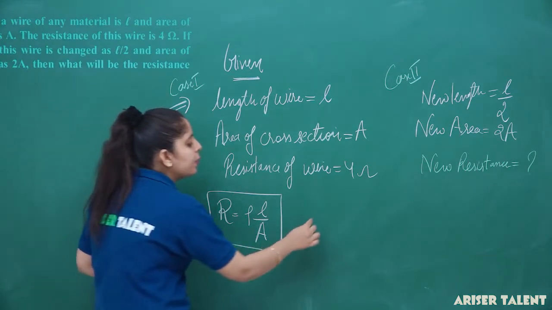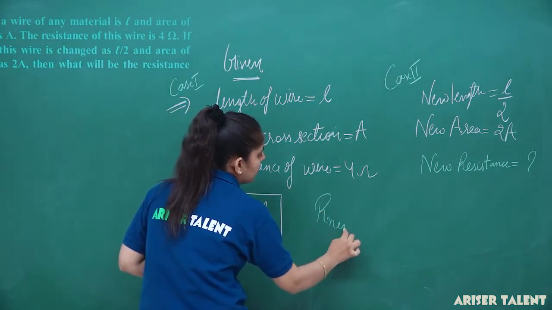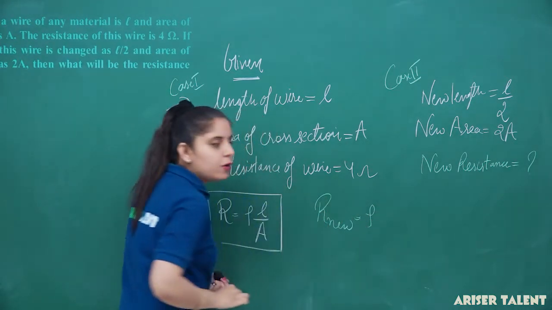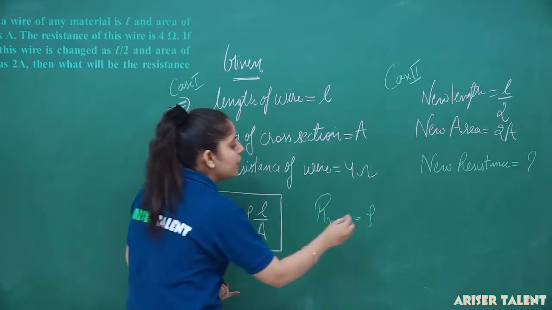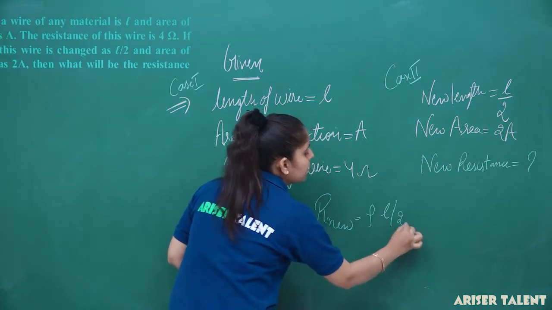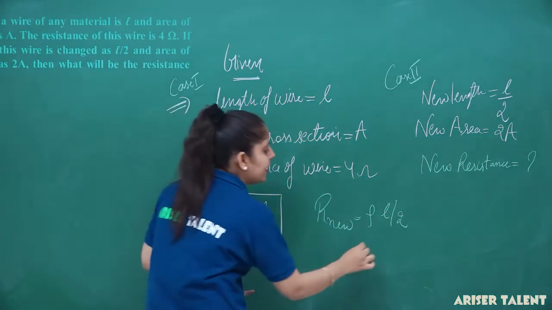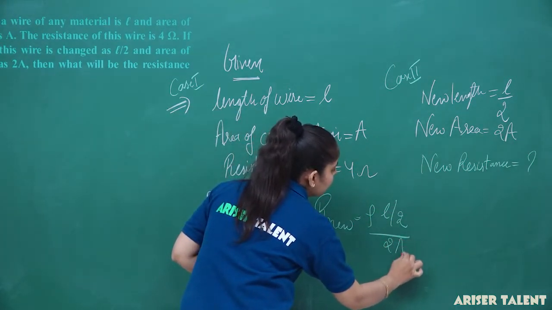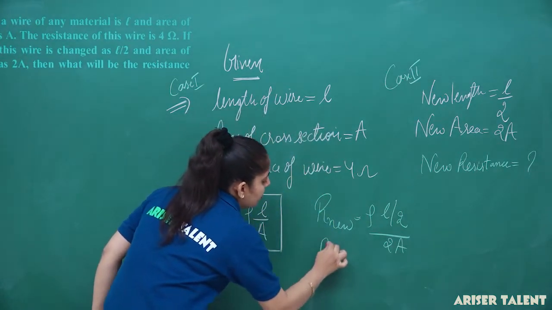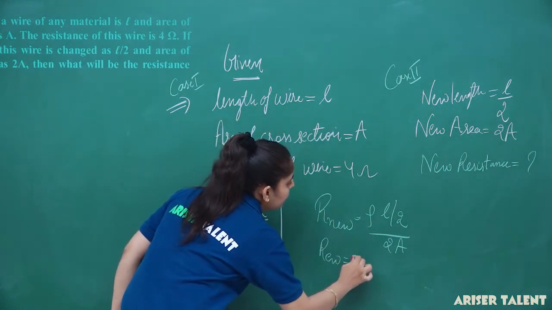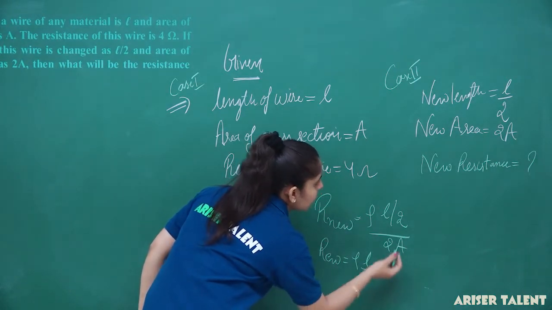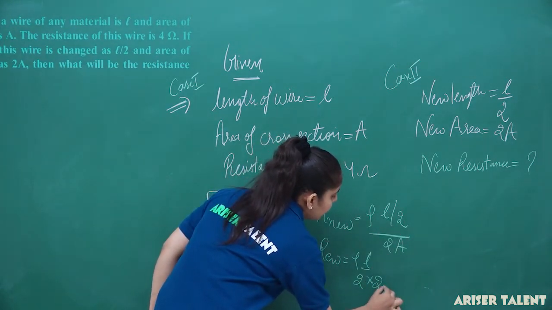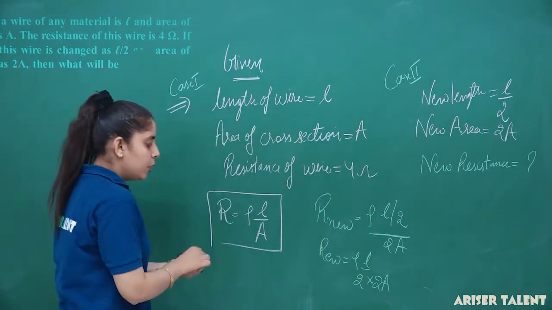So, if I am calculating the R new, you can see that rho will remain constant. What you have done is just halved the length. So, the new length will become L by 2 and you have doubled the area, so it will become 2A. Now, R new will be equal to rho L upon 2 and you have twice the area, so it is 2A.